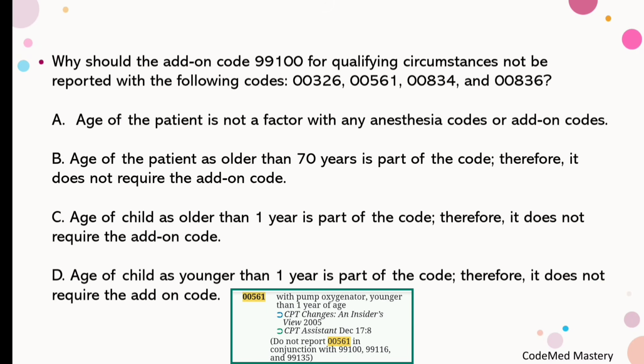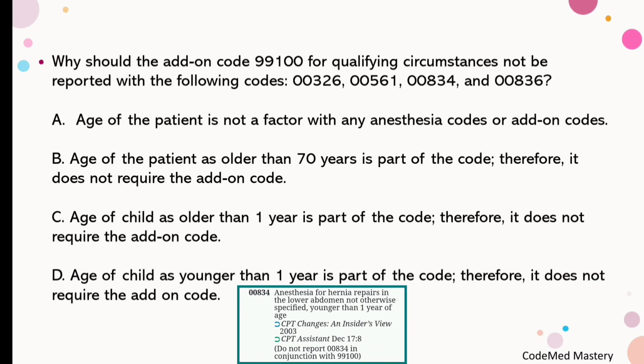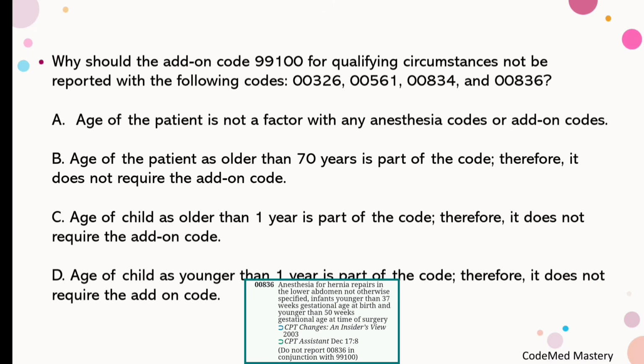Check next code 00834. 00834 is for anesthesia for hernia repairs in the lower abdomen not otherwise specified younger than 1 year of age, and also below that they have given do not report 00834 in conjunction with 99100. Check the next code 00836. It is for anesthesia for hernia repairs in the lower abdomen, that is for infants younger than 37 weeks gestational age at birth and younger than 50 weeks gestational age at the time of surgery. Below that there is a parenthetical note, do not report 00836 in conjunction with 99100.